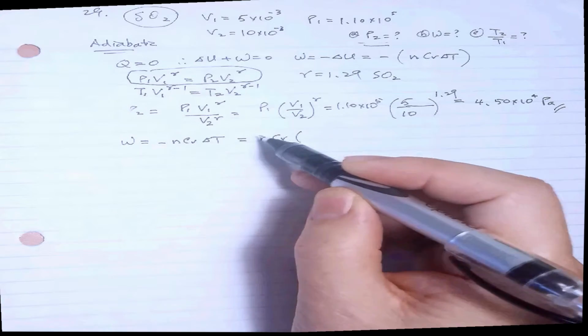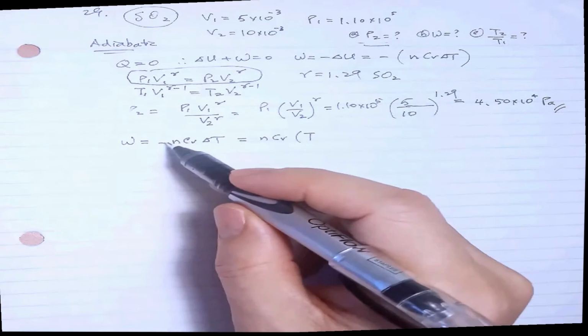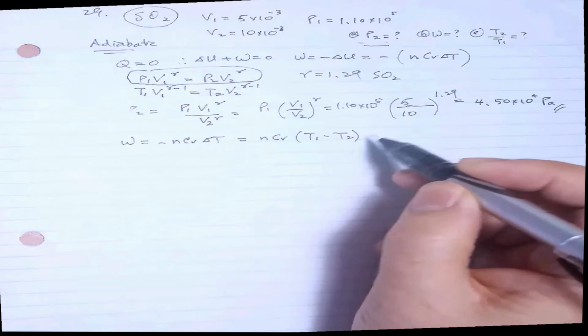nC_V delta T, there's a negative, so it's supposed to be T2 minus T1, but because of the negative sign, I'm going to write T1 minus T2.